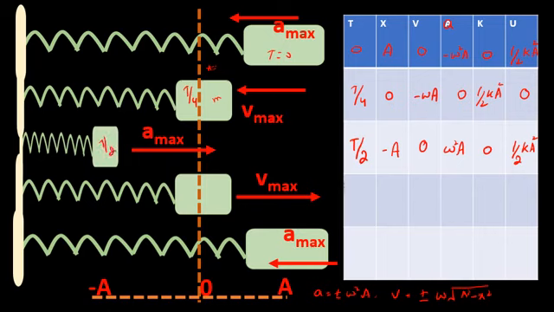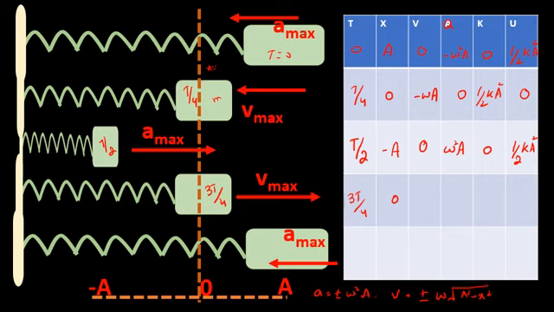Now at another time, let it be 3T by 4. At this time, let's suppose the body is again moving from here towards the equilibrium position at x is equal to 0.